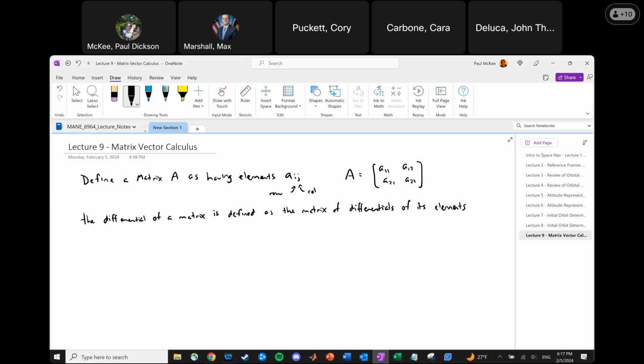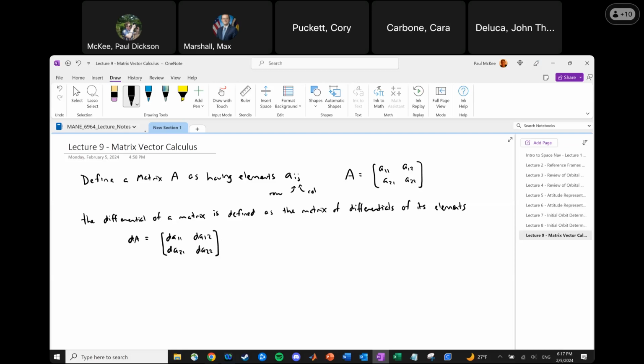So what do I mean by that? dA is just dA11, dA12, dA21, dA22. All right, so far so good. This should pass a sanity check so far.